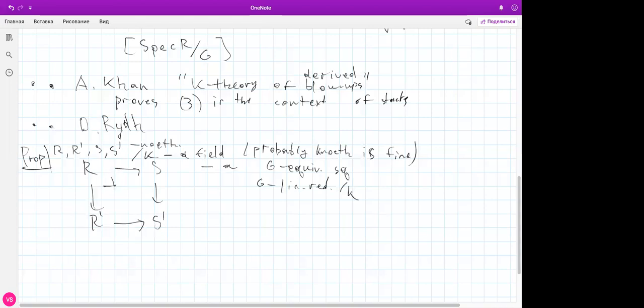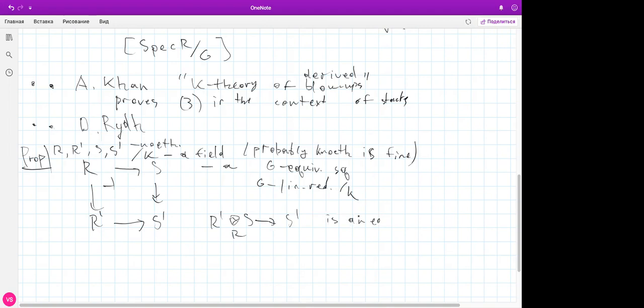And we have a pullback square. These maps are surjective. And R prime. Isn't it cool?